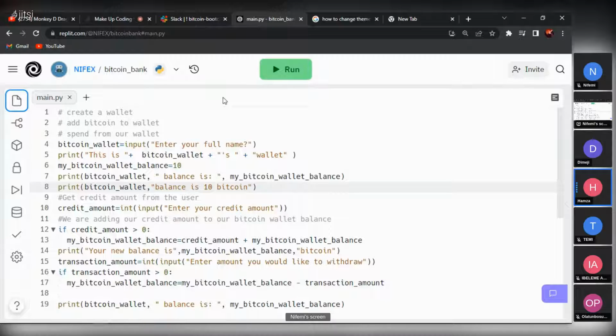The Bitcoin wallet is your name, so you say this is Hamza's wallet. Like that, Bitcoin is now my name, so it signifies that it is Hamza's wallet.